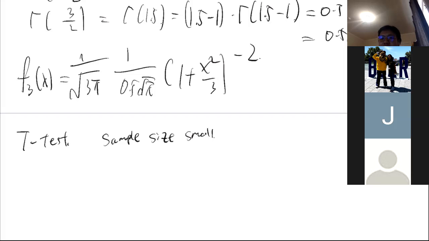So that's something worthy to notice. They are both valid in all sample sizes, but when the sample size is larger, the z-test is better for getting the result. And if the sample size is smaller, we are definitely using the t-test for more accurate results.